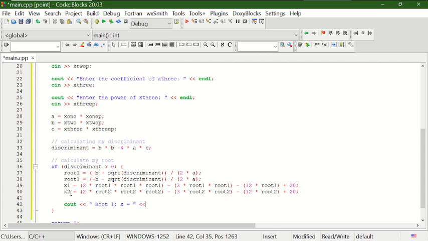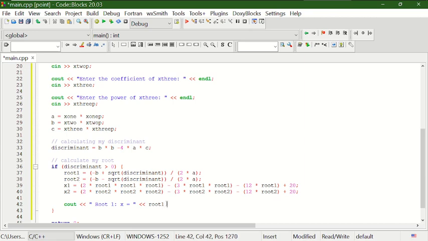Let's say x is equal to the root 1 itself. So for root 1, x is equal to root 1. Yes, because root 1 is this solving, this should be root 2.